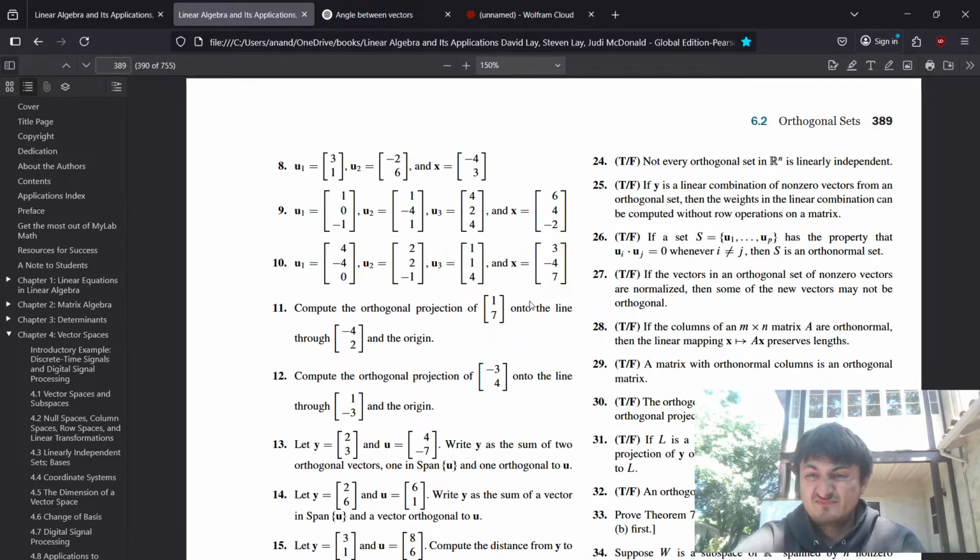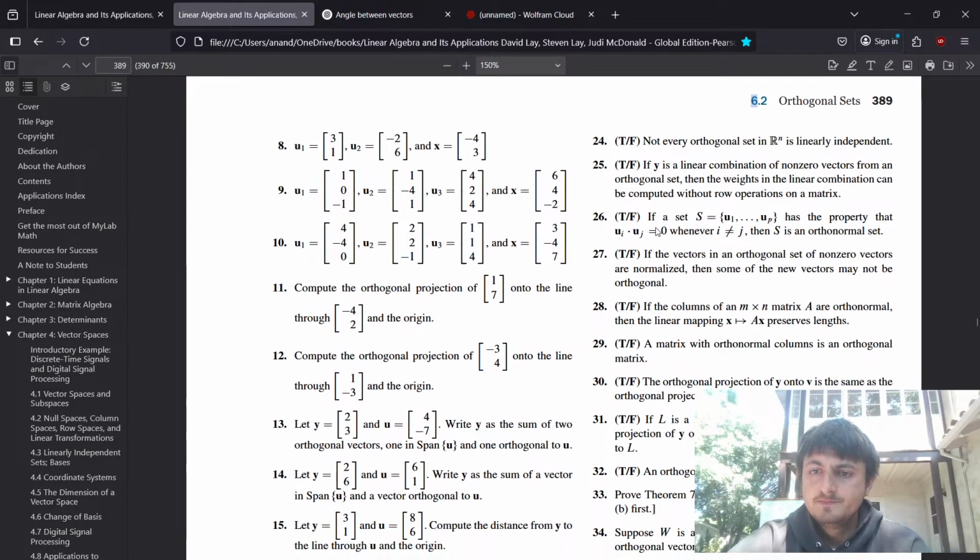26. If a set S has the property that... false. That's just orthogonal. That's not orthonormal. If the vectors in an orthogonal set of non-zero vectors are normalized, then no, that's false.